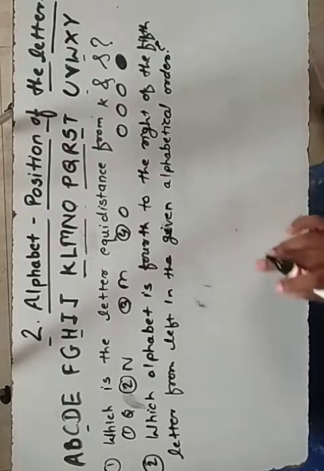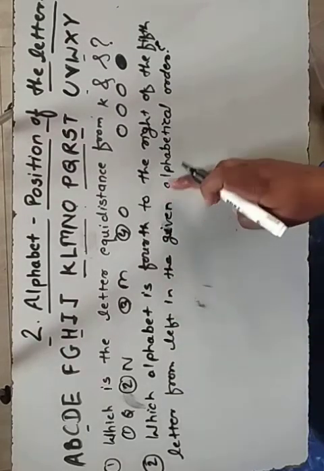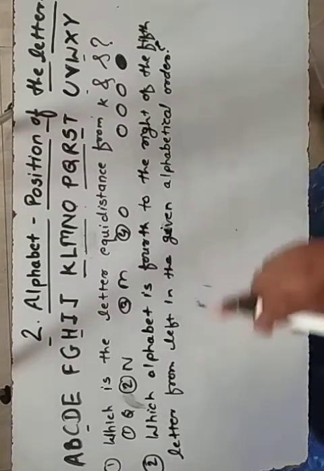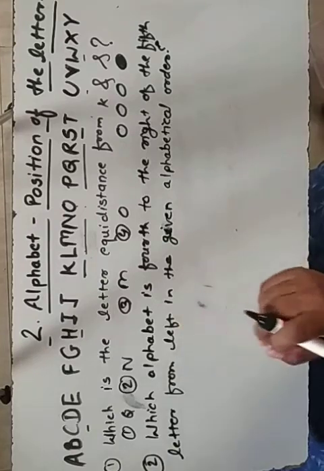Okay, so here the question is: which alphabet is fourth to the right of the 5th letter from the left of the given alphabetical order.